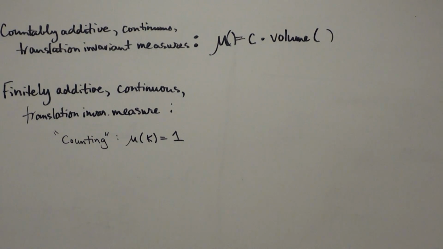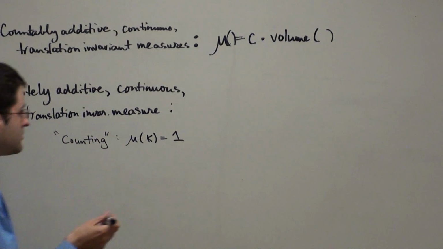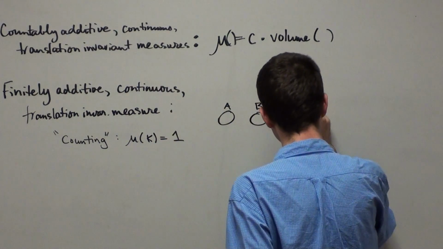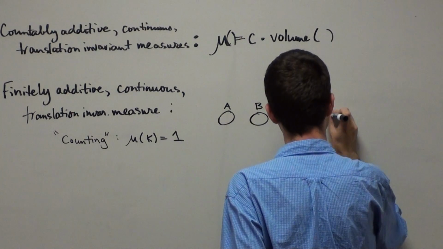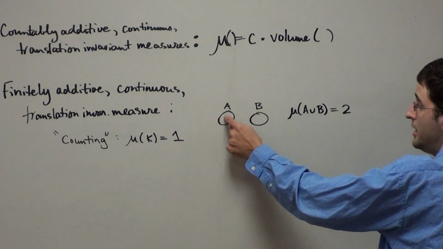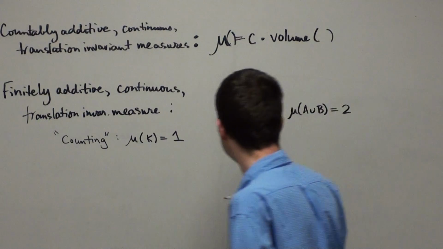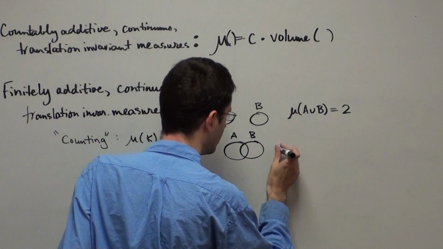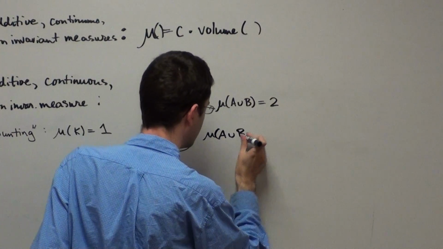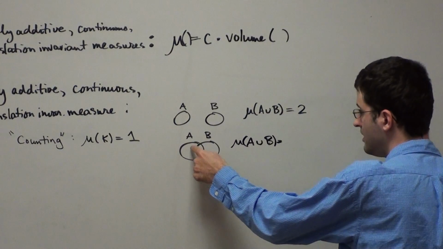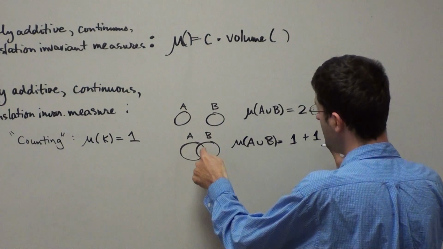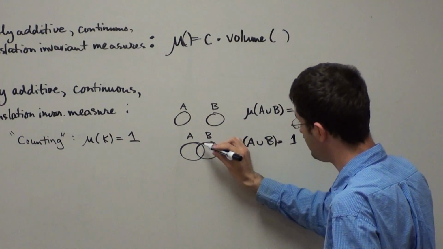If we have two sets, basically we're just counting whether they overlap or not. So if we have two sets, A and B, measure of their union is 1, 2. If they overlap, then we'll get measure of A is 1, plus measure of B is 1, minus the measure of their overlap is another 1.